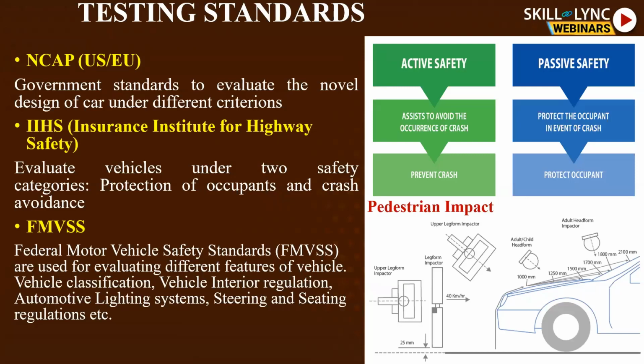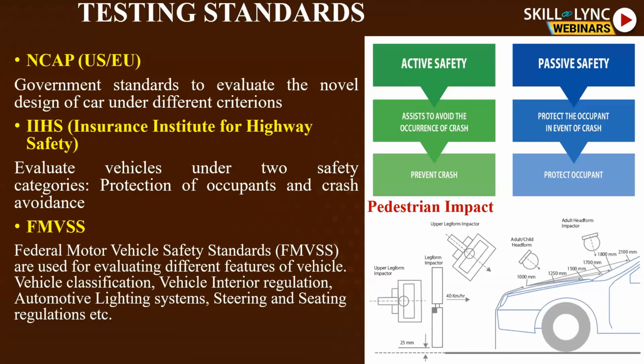Now NCAP, the New Car Assessment Program, is different for each country. So there are different NCAPs like US NCAP, Euro NCAP, and JNCAP, the Japanese NCAP. Each country has given standards based on its requirements. And what are the requirements?